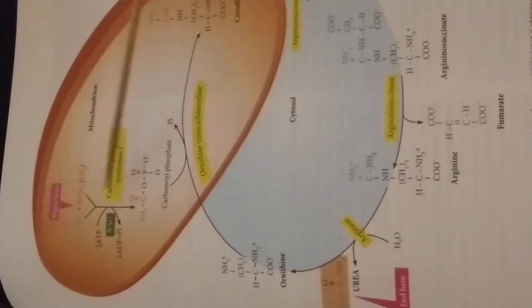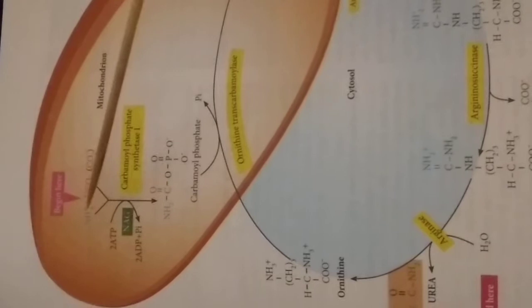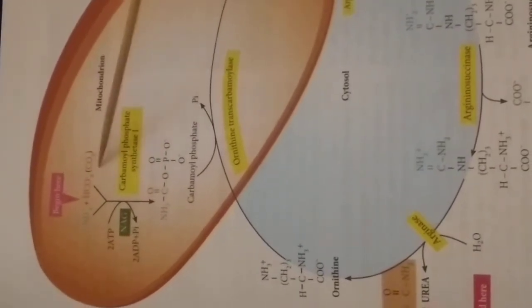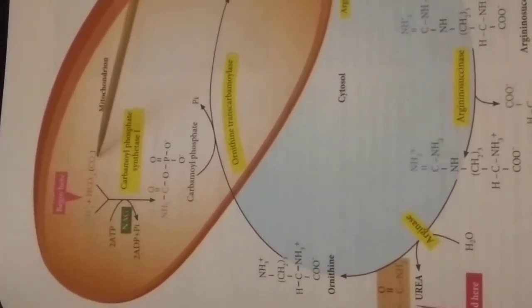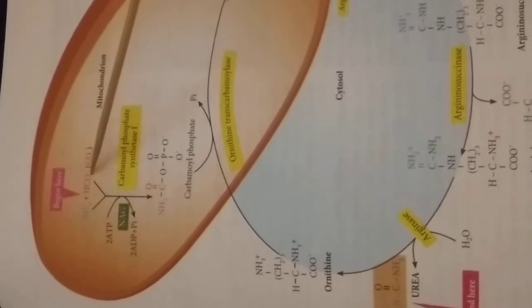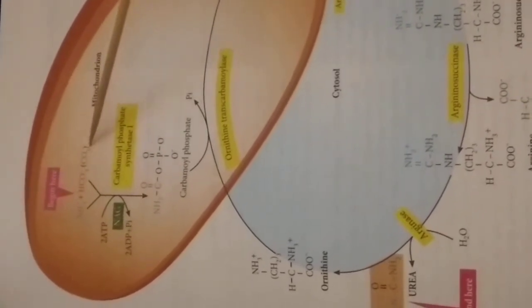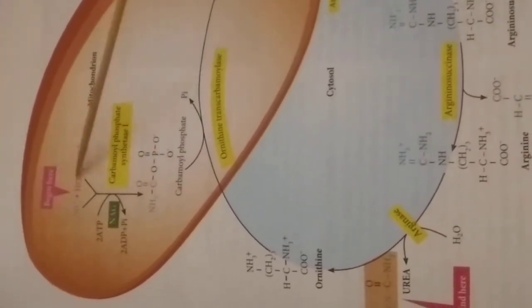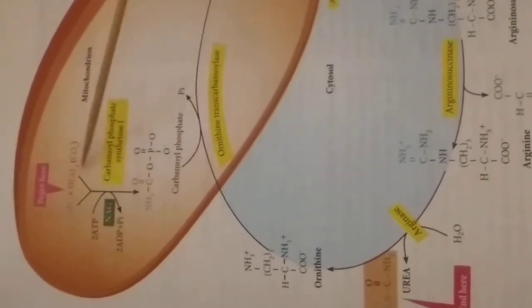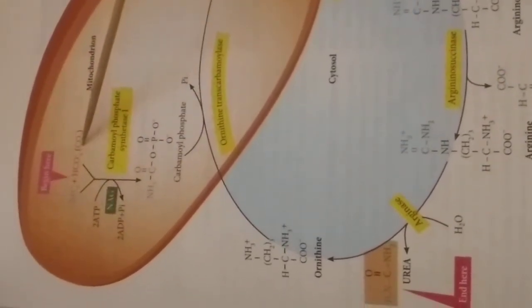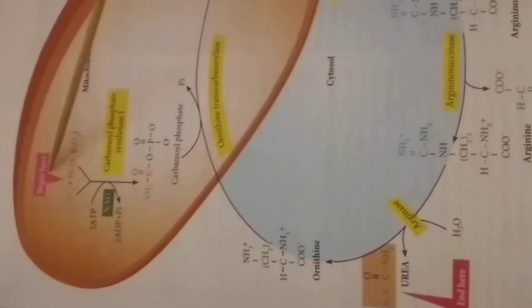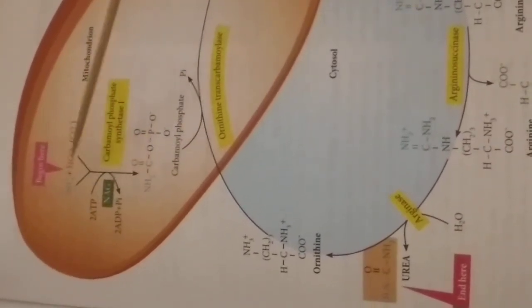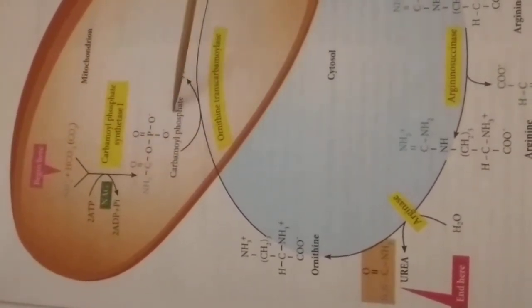So what is the first step? This is the combination of ammonia and carbon dioxide. It is actually not free carbon dioxide, right? Most of the time this carbon dioxide exists as bicarbonate, so they have given both structures. This carbon dioxide and ammonia are the substrates involved in the first reaction, so you have to start here. They combine to form carbamoyl phosphate.